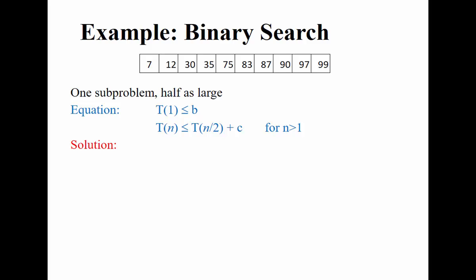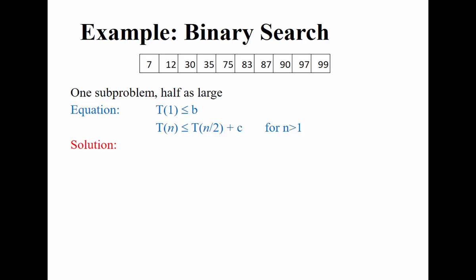By reducing the size to n over 2 at each recursive call, the time complexity to solve the problem of n is less than or equal to the time complexity for solving n over 2, plus another constant c, which is the constant to do the comparisons, and to copy the upper half or the lower half of the array. All these processes take a constant amount of time, not related to the size of the array.